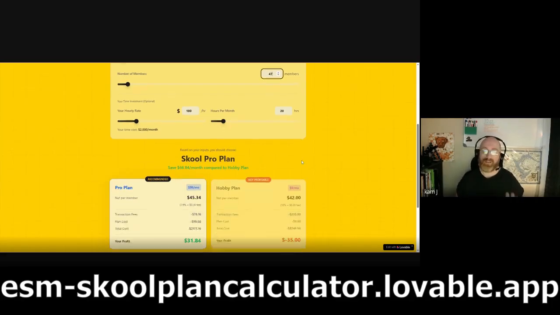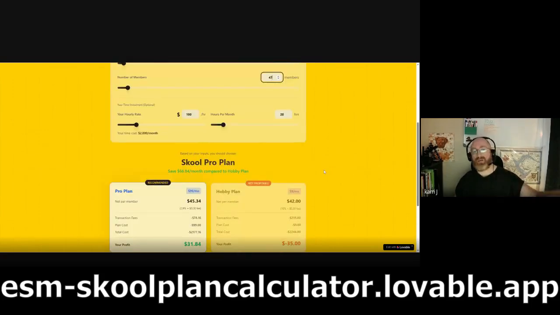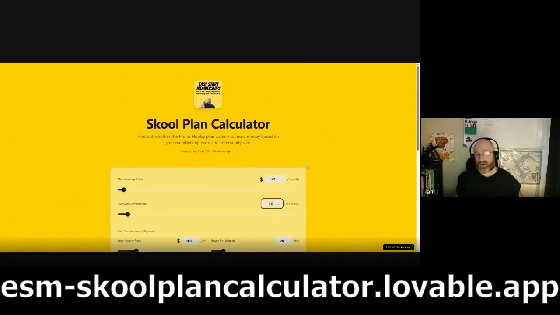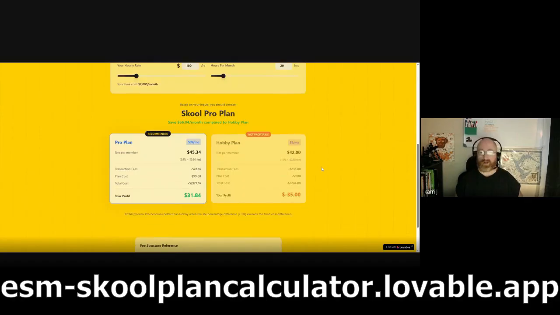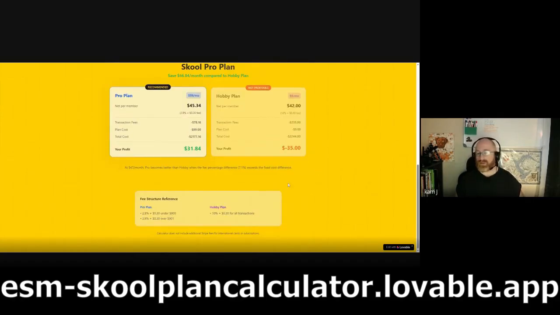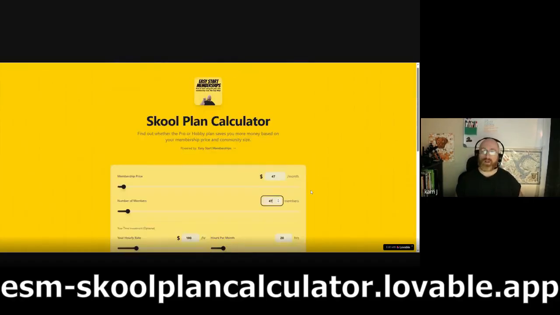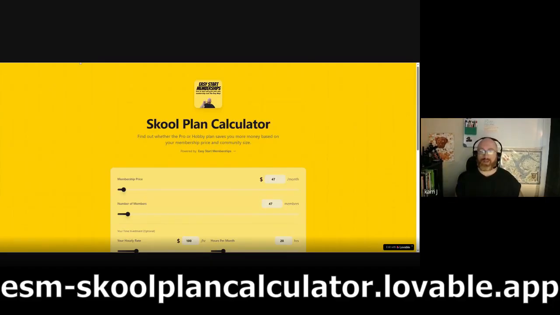Okay. This is the ESM Skool Plan Calculator.lovable.app. It was very simple to put this together. Just put in a few little numbers so it knows what's going on, and it wasn't too difficult at all.